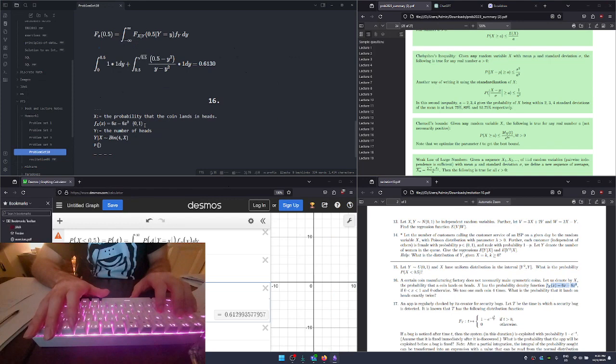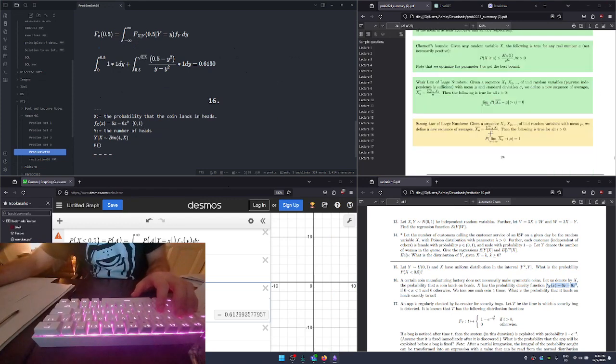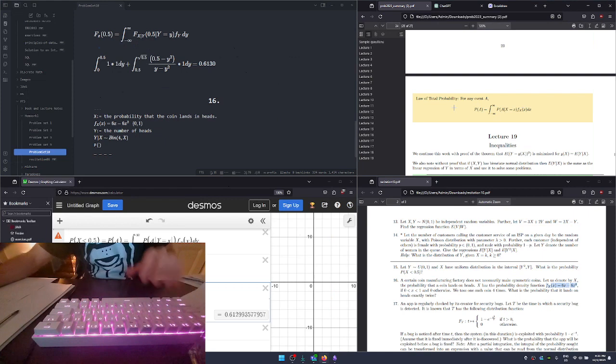We need to use the law of total probability.